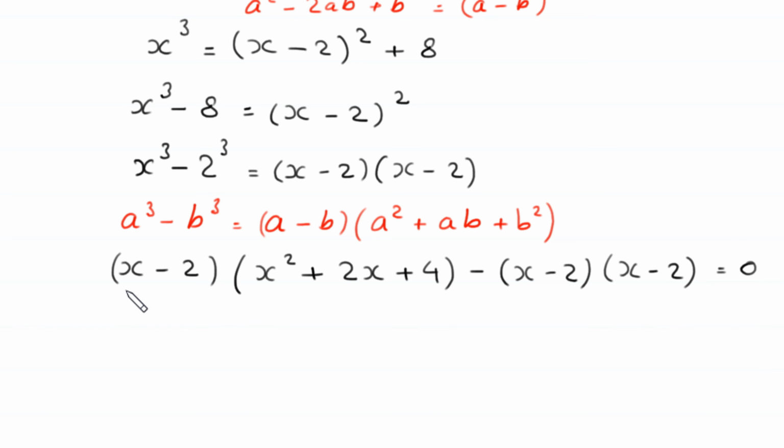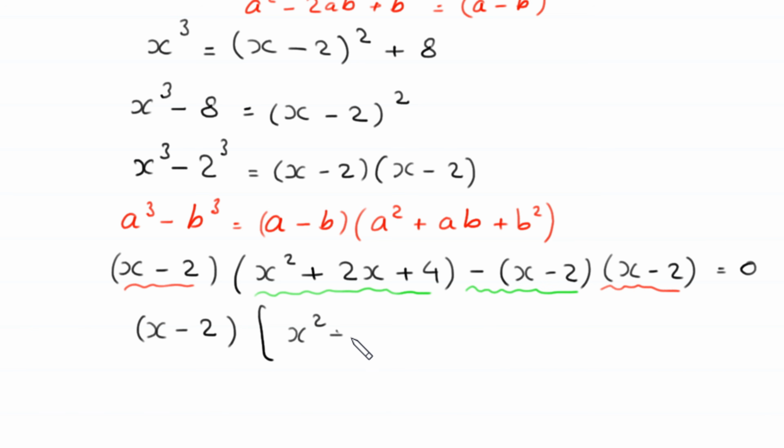Now this expression x minus 2 and this expression x minus 2 is a common factor, so we factor out this x minus 2, and in bracket left this x squared plus 2x plus 4 minus x minus 2, is equal to 0.